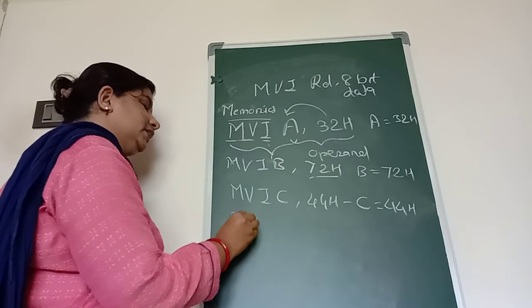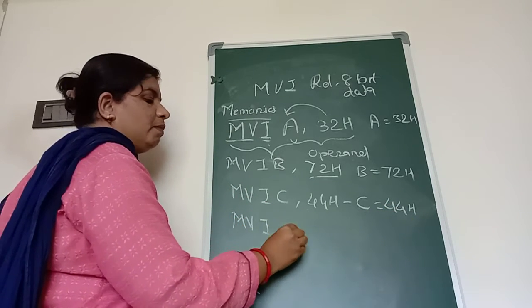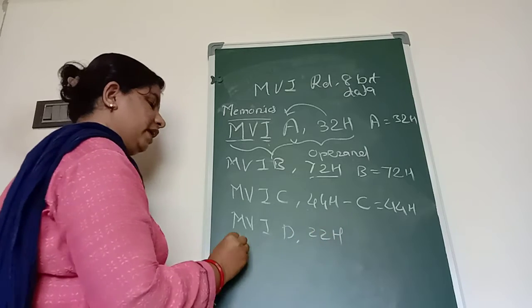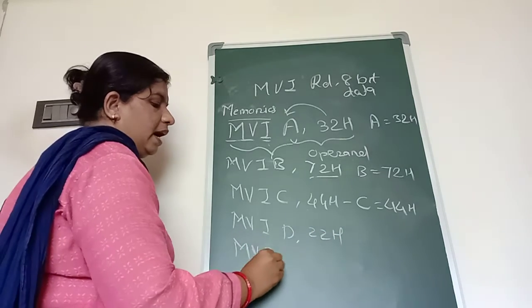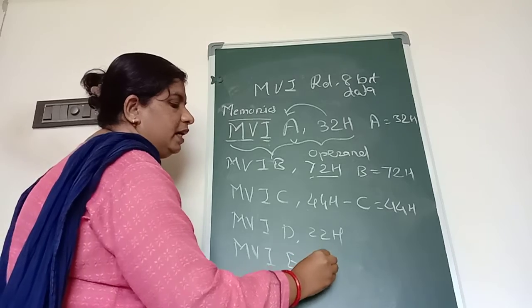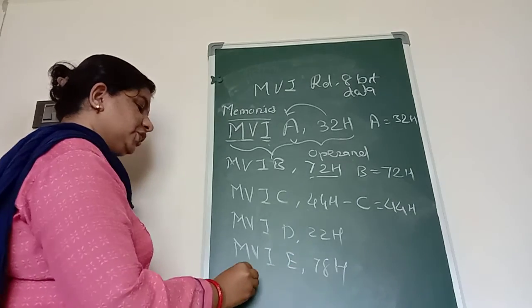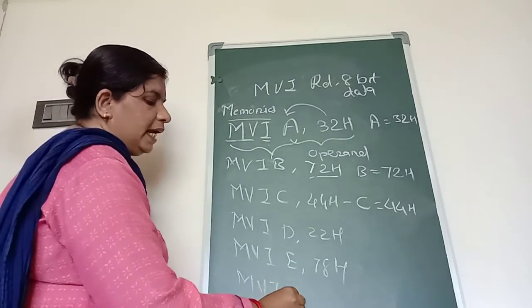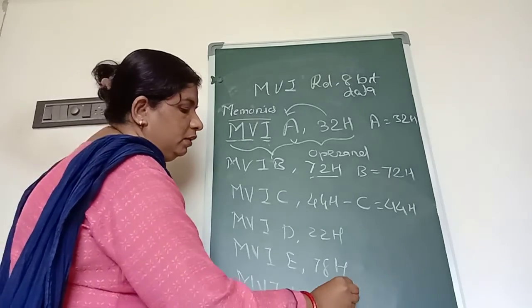We can also write the instruction MVI D, 22H. We can write MVI E, 78H. We can write MVI H, suppose 11H.